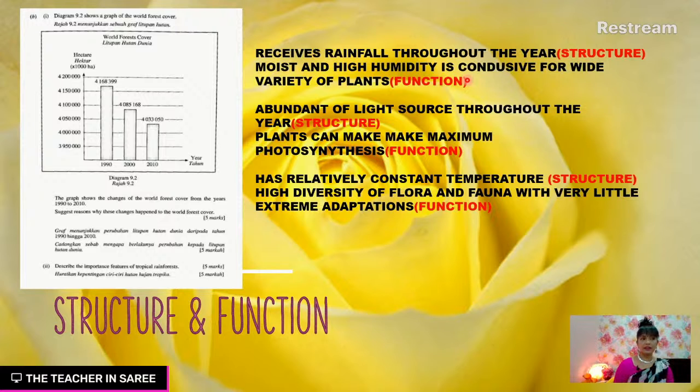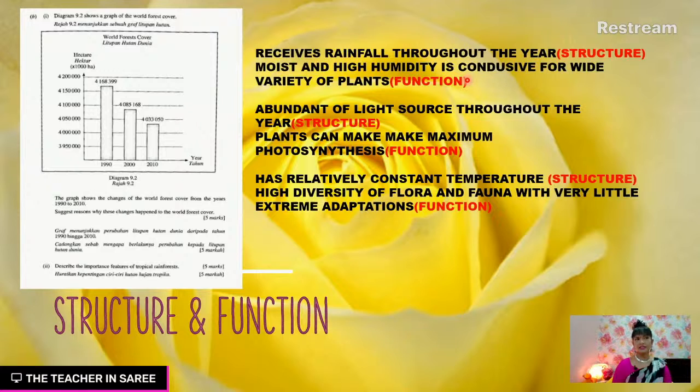If you are in a temperate climate where you have 4 seasons, out of 12 months maybe you won't see light for 2 or 3 months. But that doesn't happen to the tropical rainforest. We have an abundant light source all year round. It also has a relatively constant temperature.